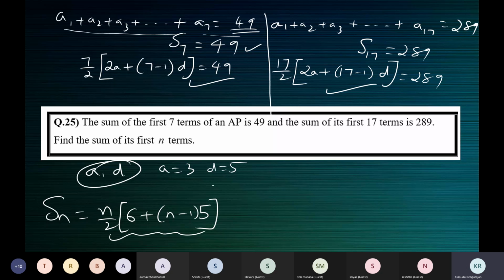You may get different values for A and D. I'm just telling you. In the formula, n is n. Put the values of A and D, and you will get a quadratic expression in n.